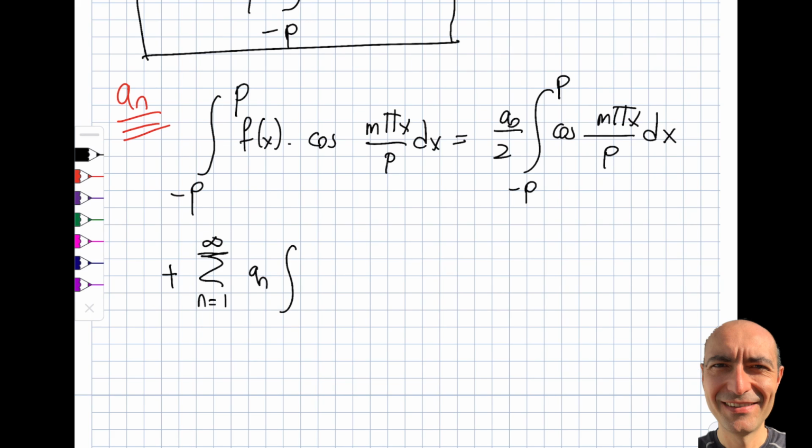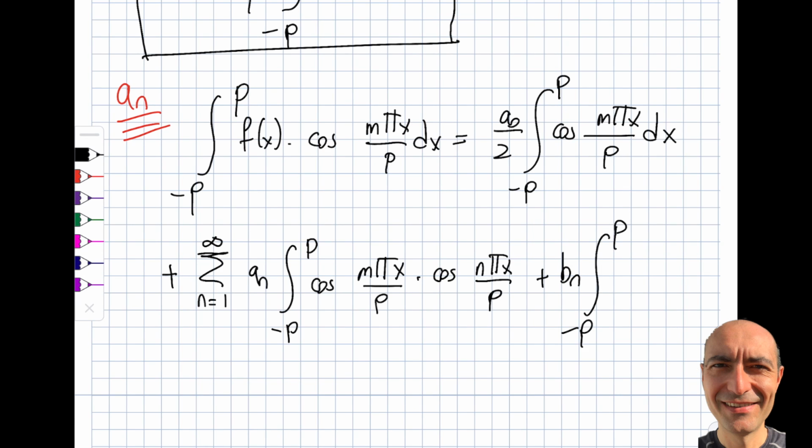an times the integral from minus p to p of cosine of m pi x by p times cosine of n pi x by p, plus bn times the integral from minus p to p. This time around it's going to be cosine of m pi x by p times sine of n pi x by p dx.